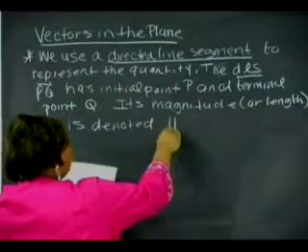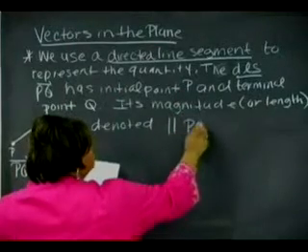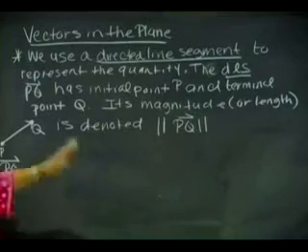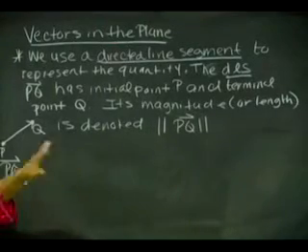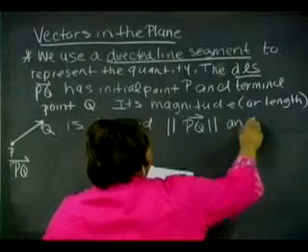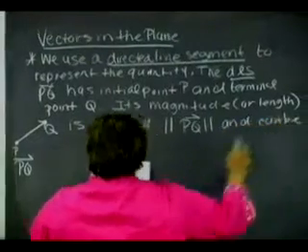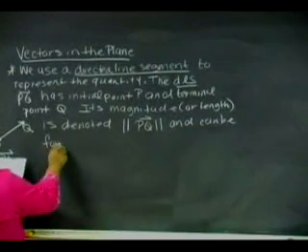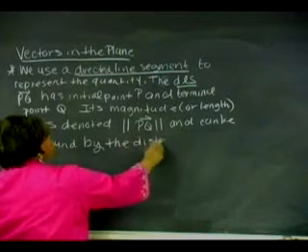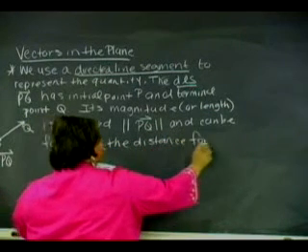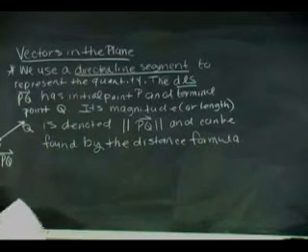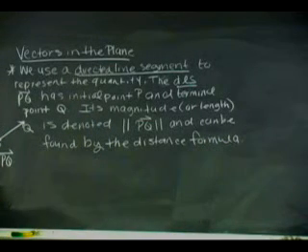We put double bars around this directed line segment PQ. This means that I'm going to find the length or the magnitude, and this can be found by the distance formula.